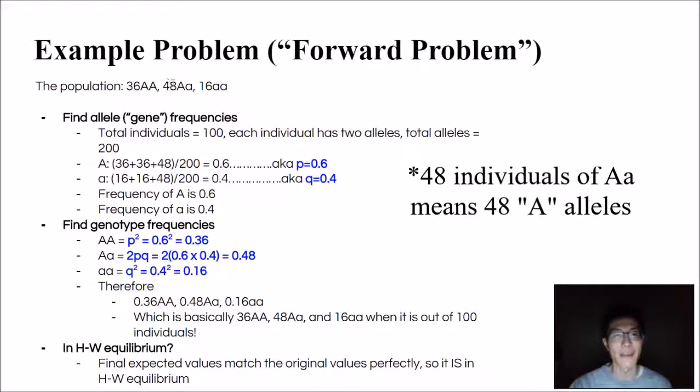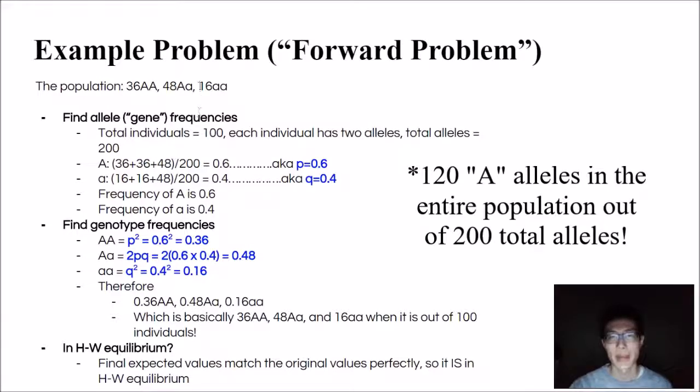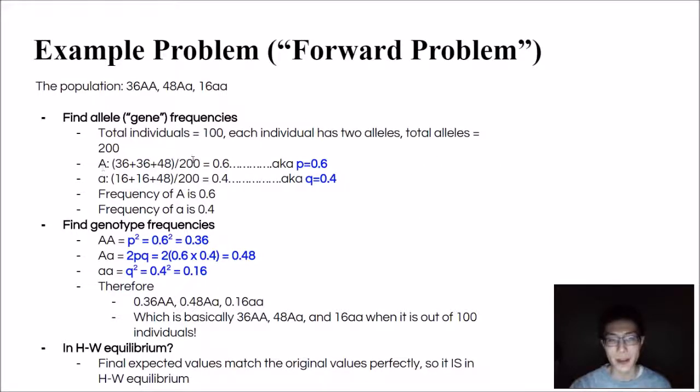So 48 big A over here, 36 big A, 36 big A, and this is what you get, out of a total of 200 alleles. Solving that, you get 0.6. So the frequency of your A allele is 0.6. This also means that the frequency of p, and remember p is big A, is 0.6.